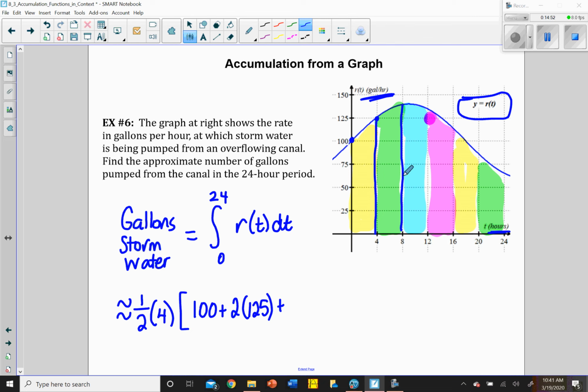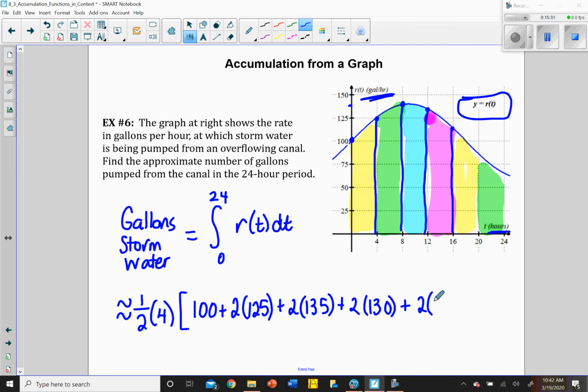So let's just make an estimate of that one. Maybe that's 135. Looks like it's somewhere in there. So 2 at 135. And then this one here, we'll call that at 130 possibly. Just kind of ballparking that because it's an estimate. And then this one at 16, let's call that height about 110.